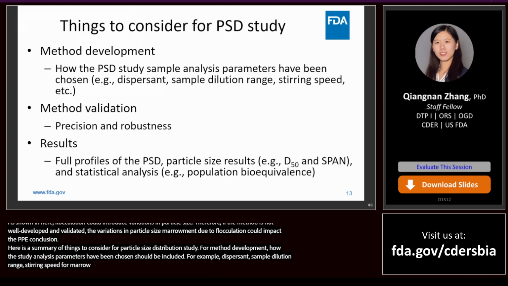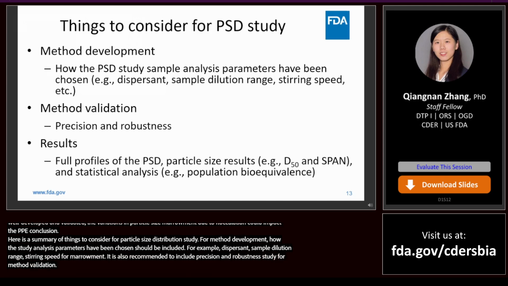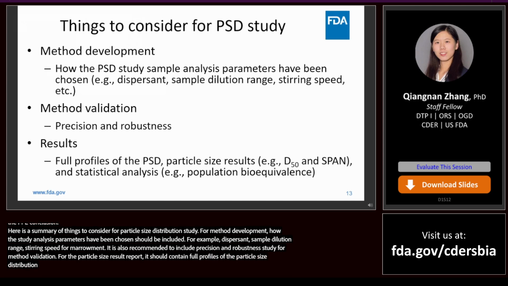It is also recommended to include precision and robustness study for method validation. For the particle size result report, it should contain full profiles of the particle size distribution, particle size result, as well as the statistical analysis.